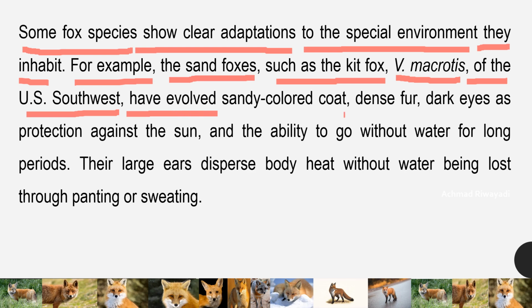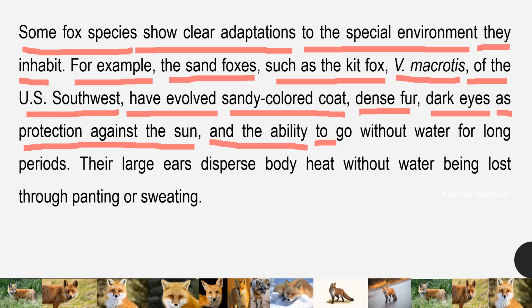dengan memiliki kulit berwarna seperti pasir, bulu-bulu yang lebat, mata yang gelap, sebagai upaya melindungi diri dari terik matahari, and the ability to go without water for long periods, dan memiliki kemampuan untuk hidup tanpa air dalam jangka waktu yang lama.